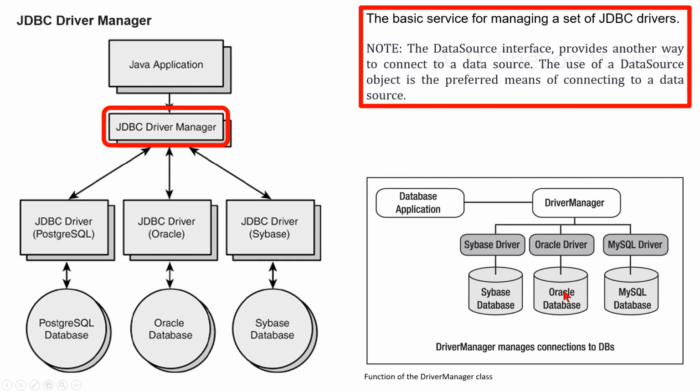This figure illustrates the function of the DriverManager class. The DriverManager class manages the JDBC drivers in the system. It maintains a registry of drivers and locates the appropriate driver to handle JDBC URLs.